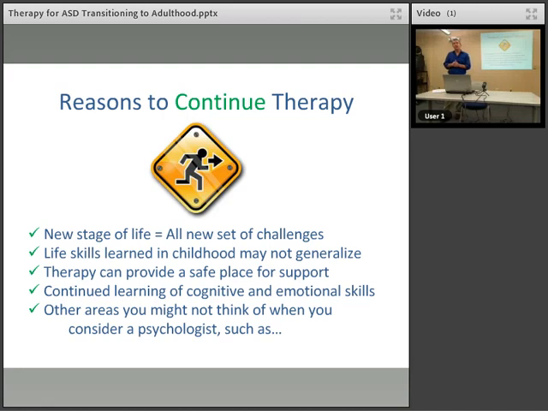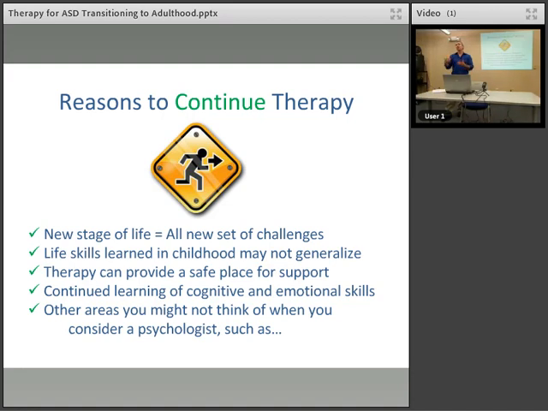Another thing I included was that therapy can provide a safe place for support, and I think this is a really important one, in particular with people on the spectrum that have a hard time establishing close relationships with people.